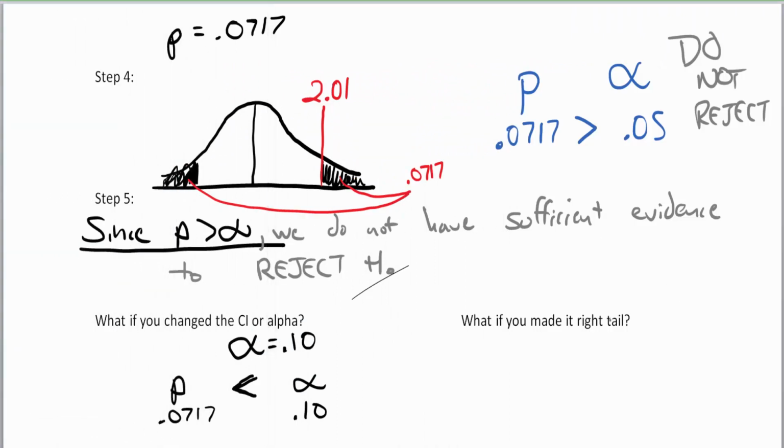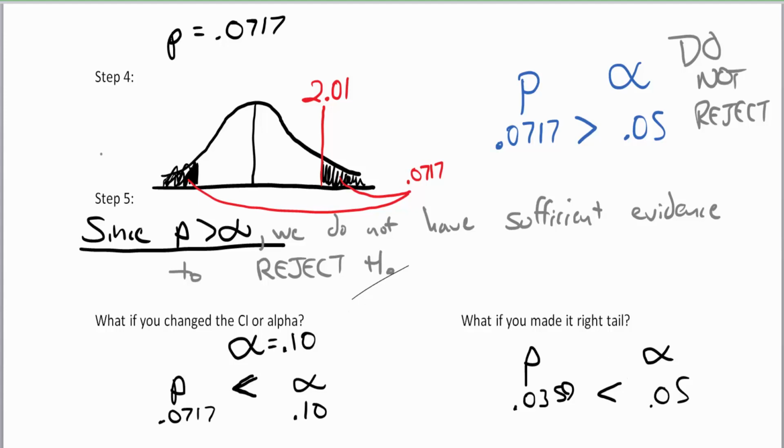The p-value, which was 0.0717, I made a mistake there. My p-value, which is now cut in half, is 0.0359, and my alpha, which I'll go back to 0.05, you can see that we now have another different conclusion.